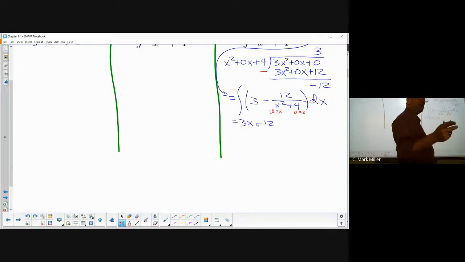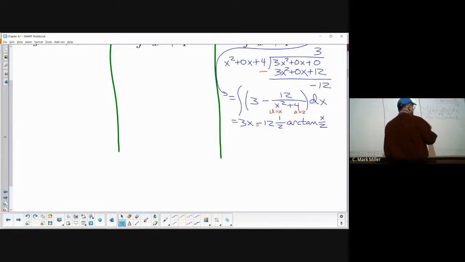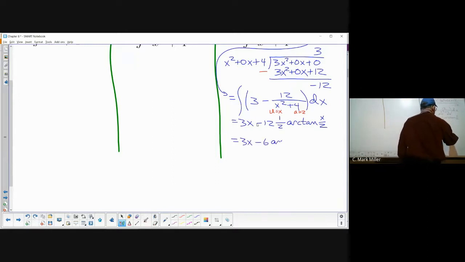So if you look at that formula, you're going to have 1 over a, which is 1 over 2, arctan of u over a, x over 2. And that's going to simplify to 3x minus 6 arctan x over 2 plus c.